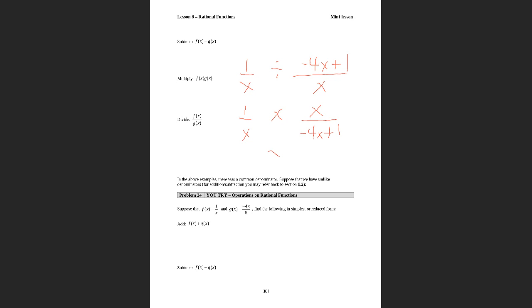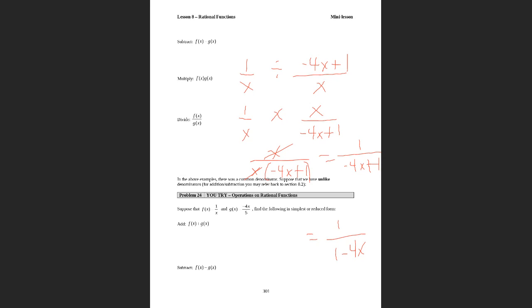So 1 times x is x. This times that is going to give you x times negative 4x plus 1. So x will cancel x. So that gives me 1 over negative 4x plus 1. Remember, you could rewrite this as 1 over 1 minus 4x. That makes anybody feel more comfortable, right? Because the negative sometimes confuses a lot of students.